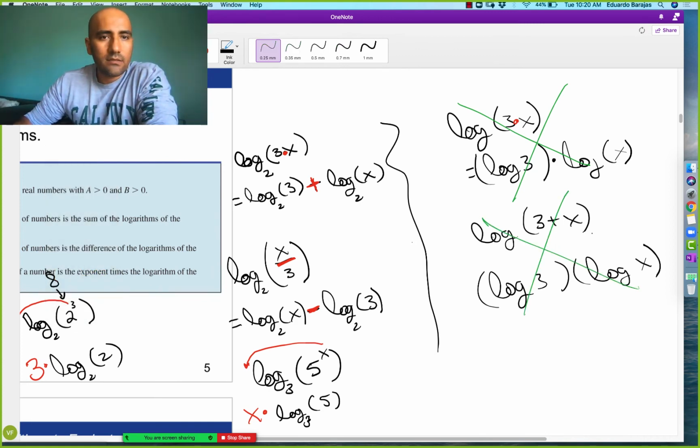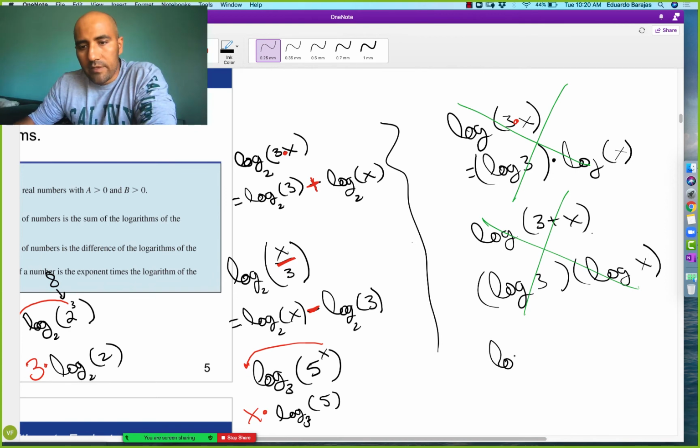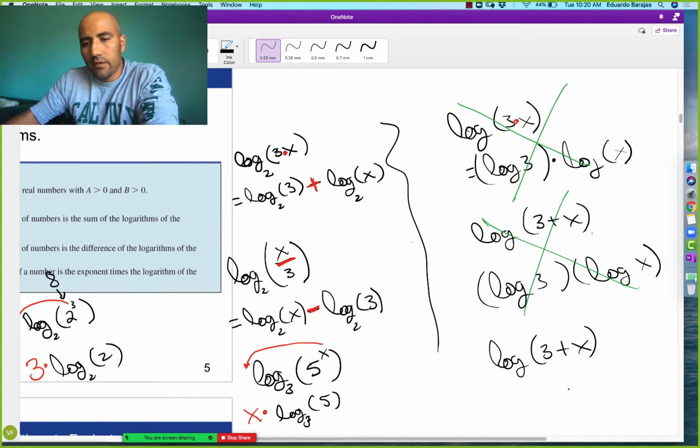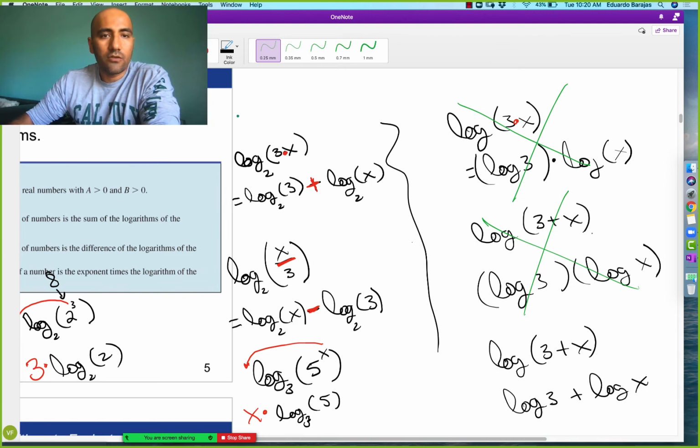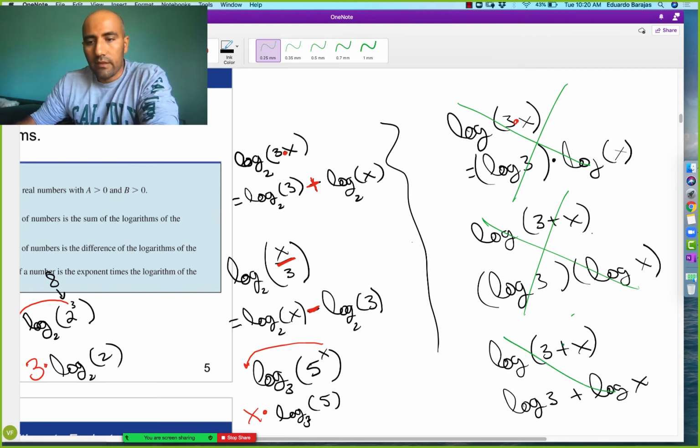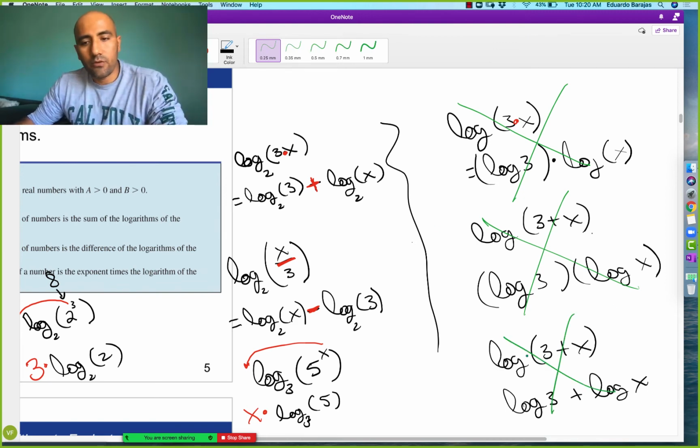Another common mistake is that people think we can somehow distribute this log and end up with log of 3 plus log of x. Some sort of a distribution process here. And again, that's also not true. There is no property that says you're allowed to distribute a log across an addition like this. So none of these are true.